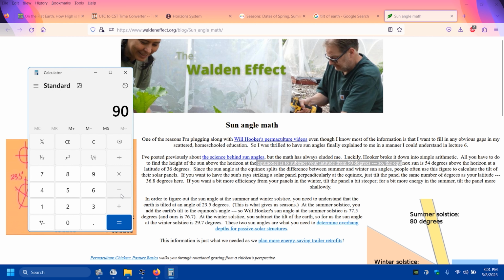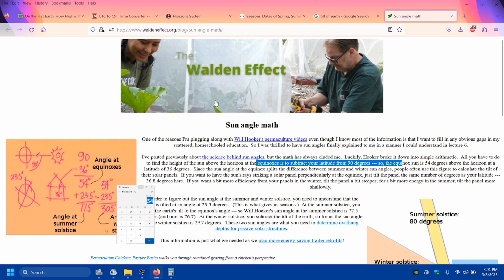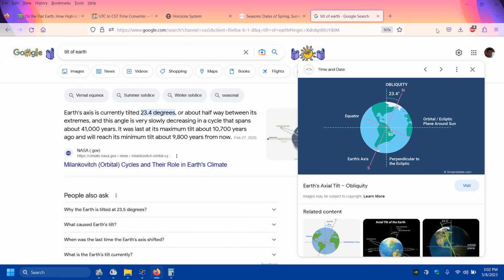You can take 90 minus 54 is 36, which is the latitude, or you can go the other way around: 90 minus 36 equals the altitude of the sun, and that's the way I'll be doing it. And so the tilt that I'm using is 23.4. And so that pretty much covers part 1.